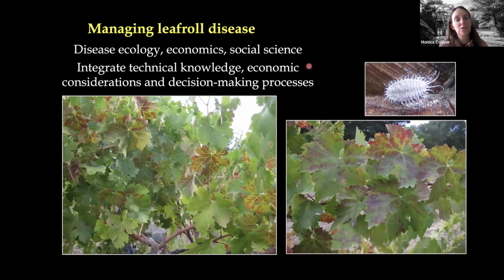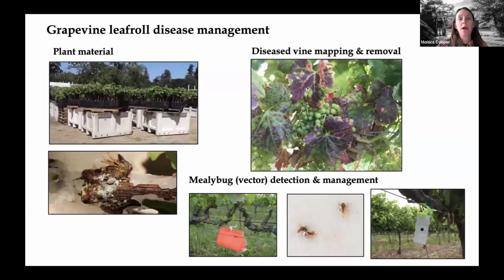And then there are also social behavioral considerations: how decision-making processes are carried out within an organization, whether somebody decides to manage leaf roll or not, and then what tools they're going to use to do the management. The three main aspects of leaf roll disease management that are important are plant material, disease vine mapping and removal, and then vector detection and management. I'll talk about each of those separately.